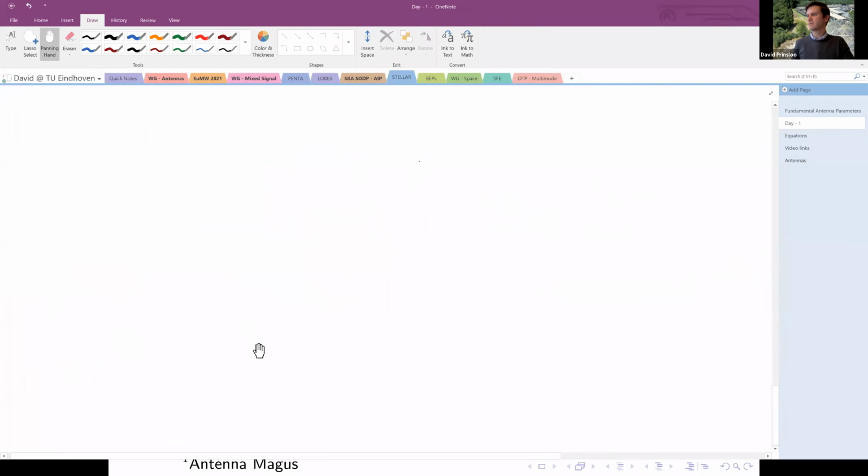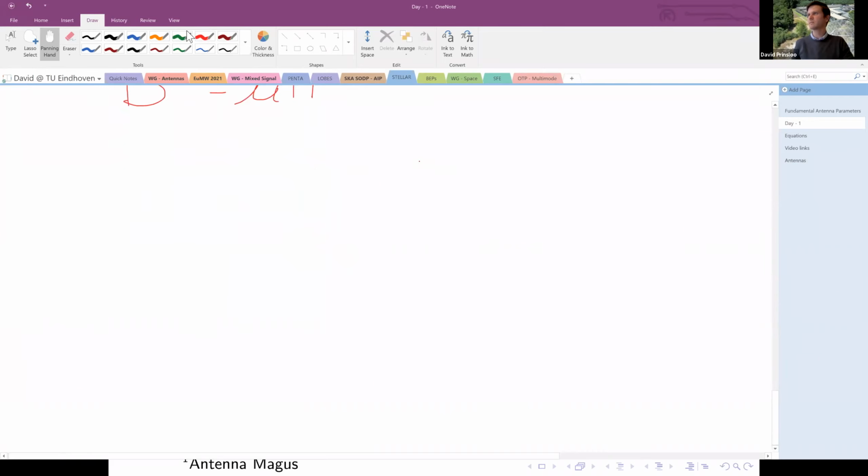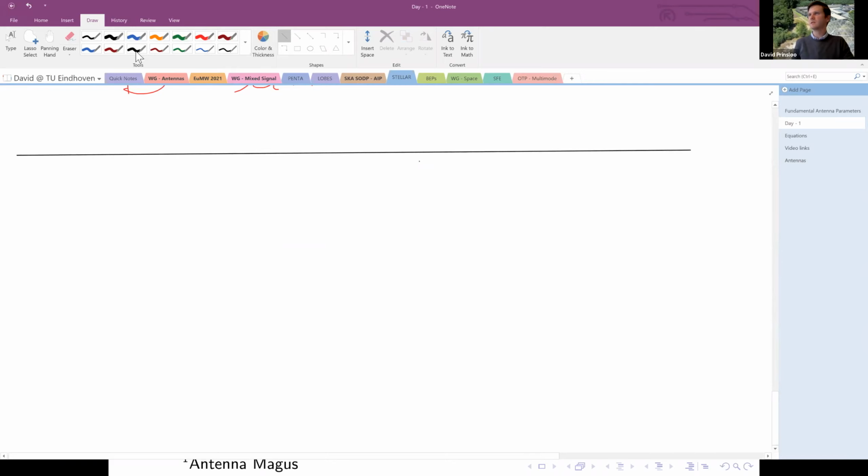Okay, there we go. So first of all, for a dipole antenna in free space, a half wavelength dipole, if I just type that down for you.